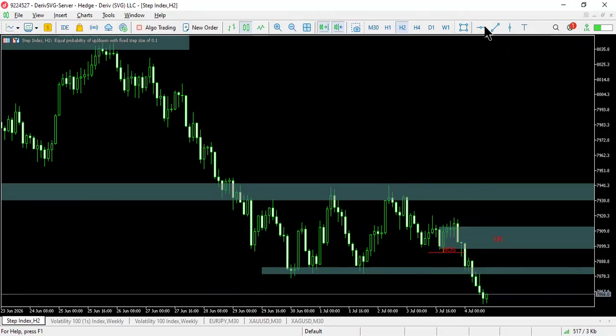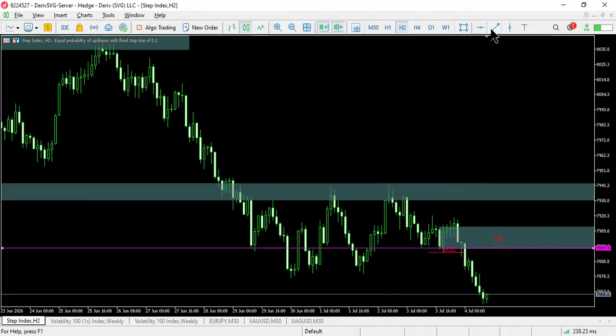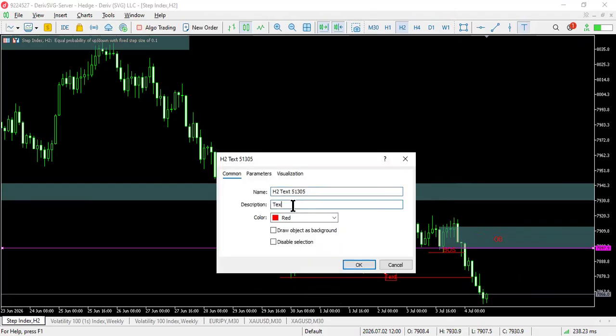Now, the coordinates I'm going to be positioning at that order block right there, which is the internal break of structure, and we have the general break of structure here. So we have that general break of structure right there.